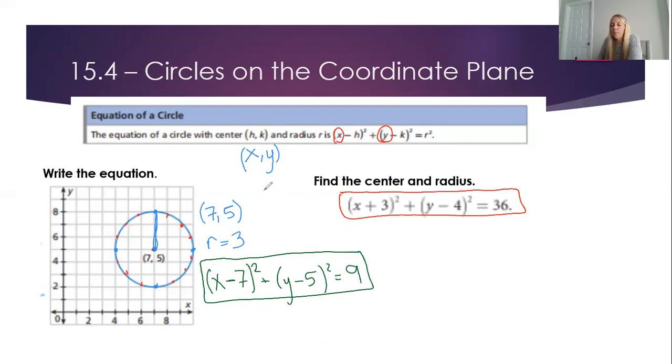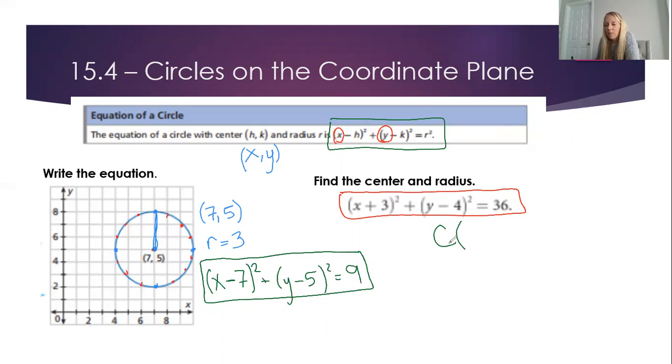All right, so then let's do the opposite type of problem. Find the center and radius when given the equation. Okay, again, let's review. The equation is always in this form. This is the standard equation of a circle. x minus the x value of the center. Okay, well then what is the center? x minus, well, this is a plus.